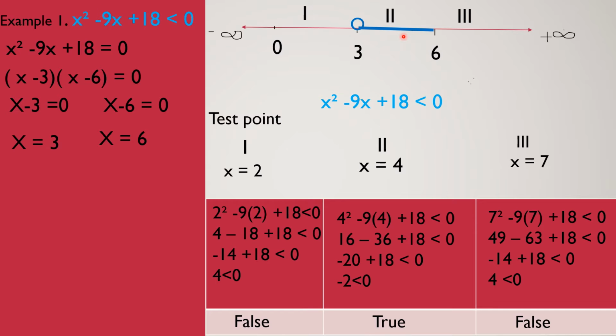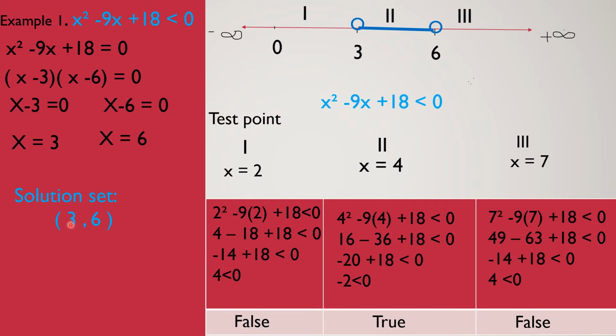Now, you notice that I have here less than. So if it's less than or greater than, you are going to have an open circle, a hollow circle. It means that 3 is not included, 6 is not included. So how are we going to write the solution set in interval notation?